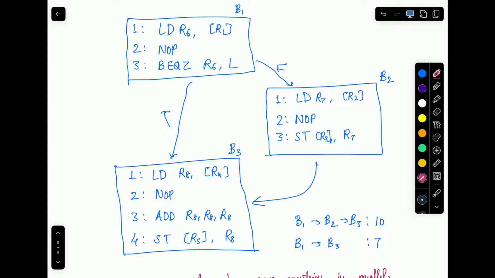Anyways, we can't move the first load from B2 into the no-op of B1 because, speculatively, when we execute the first load, the address we are picking up may be sensitive information that should be picked only when the control flow reaches there.